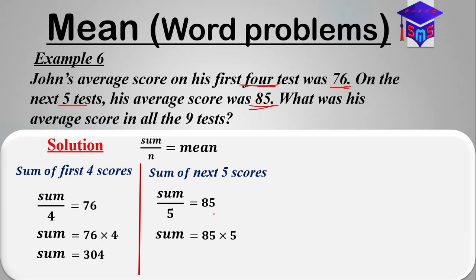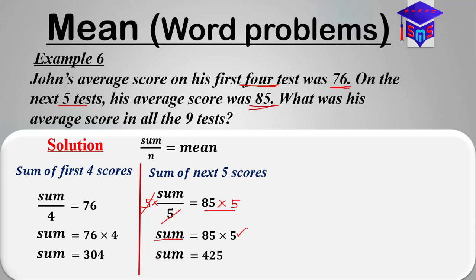What you do is multiply both sides by 5, so that this 5 cancels the 5 over here. So you have the sum is equal to 85 times 5, and that's what we have here. And so 85 times 5 gives us 425.